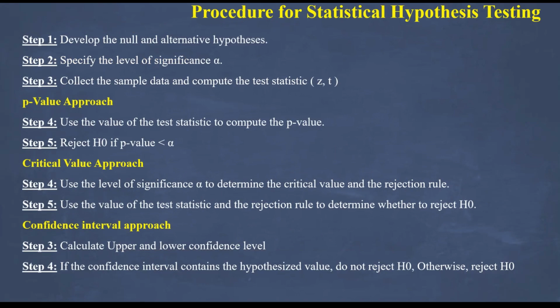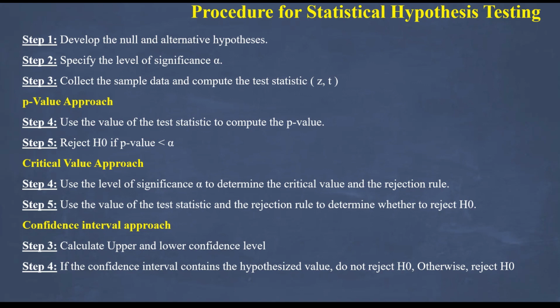Let us see the procedure for statistical hypothesis testing. The first step is to develop the null and alternate hypothesis. Step 2, specify the level of significance alpha. Step 3, collect the sample data and compute the test statistic Z or T. Then you can use any of the approaches.